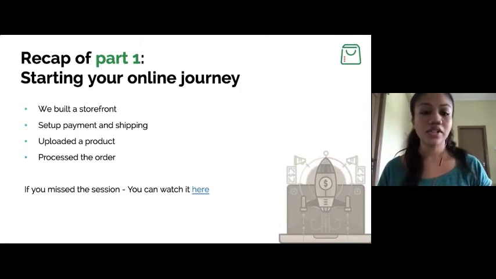And then we also got into how to set up your payment and shipping gateways and how you can upload all your products along with the categories and collections, and how you can go about getting orders processed. And so it's up and running for your visitors to come and place orders and purchase from you.